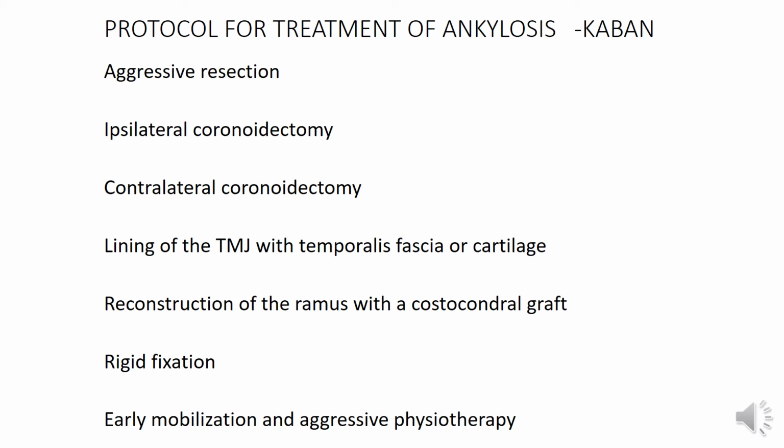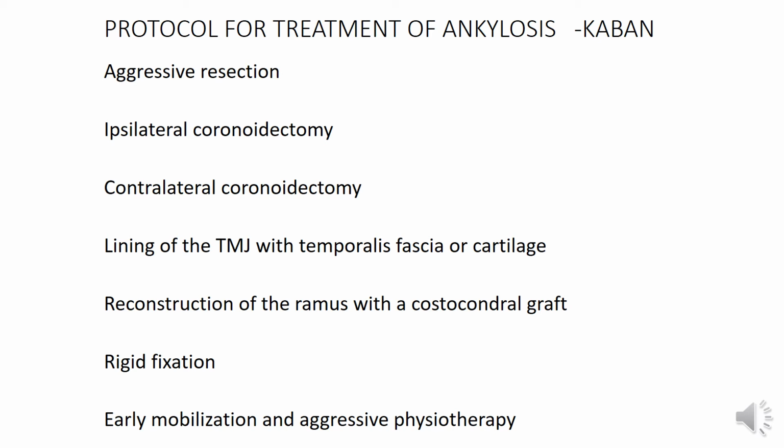So after aggressive resection, there should be a clear gap between the two bony edges. If ipsilateral coronoidectomy is carried out, if the desirable mouth opening is not achieved, then the contralateral coronoidectomy is carried on. Then the temporomandibular joint is lined with temporalis fascia, which is elevated from the facial aspect superiorly and then lined over the glenoid fossa.